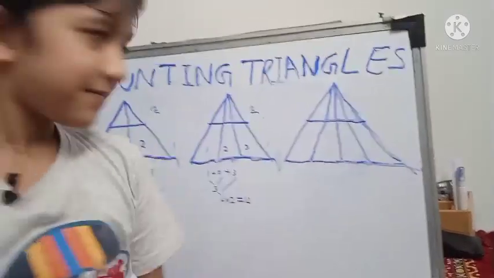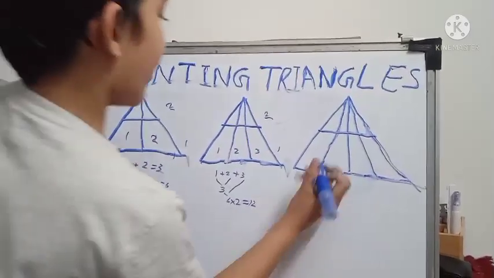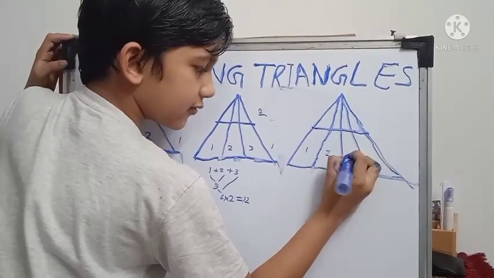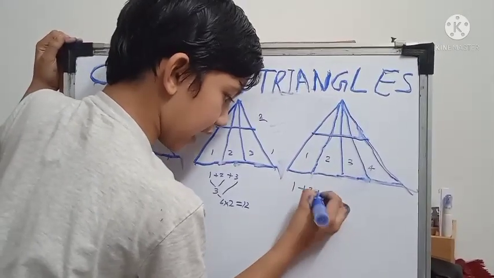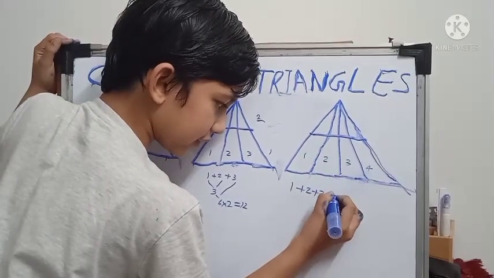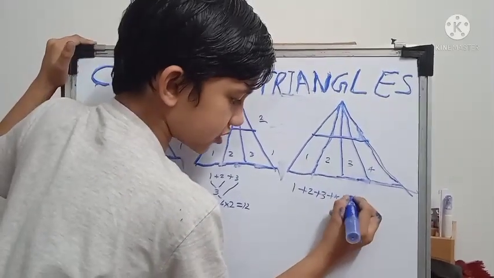Yes, it is completed. 1, 2, 3 and 4 means 1 plus 2 plus 3 plus 4 is equals to 10.